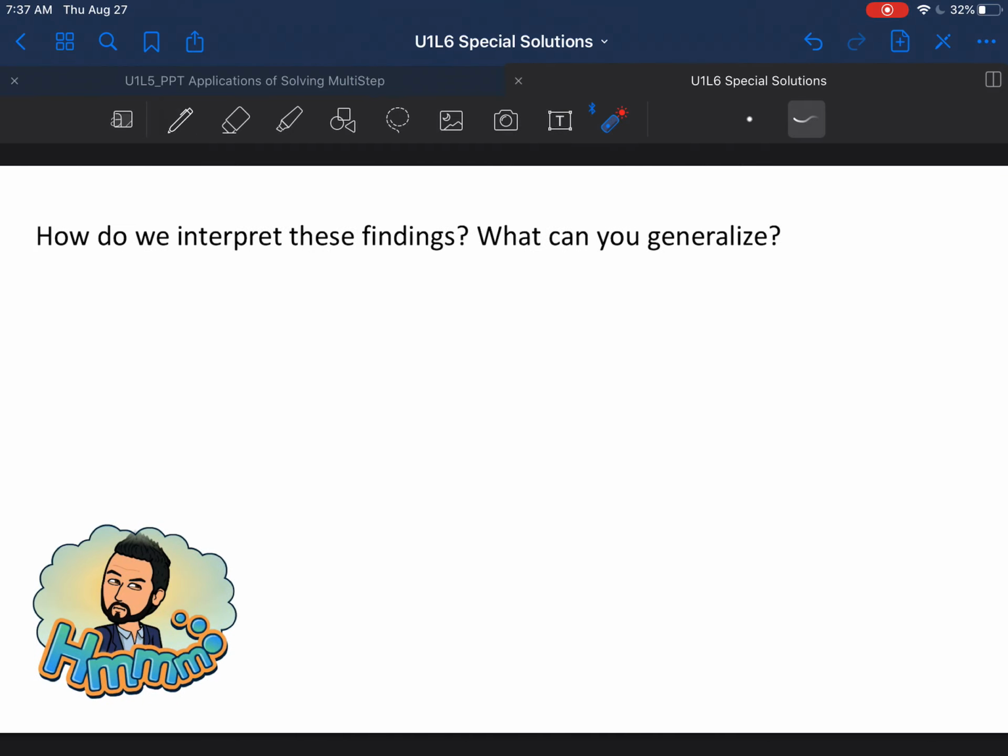So how do we interpret these findings? From this last example, we can see that not all equations actually have solutions. Some equations have what we call no solutions.